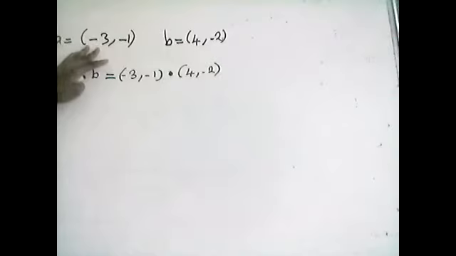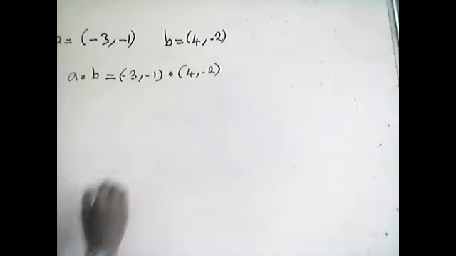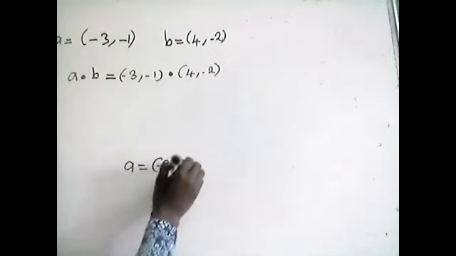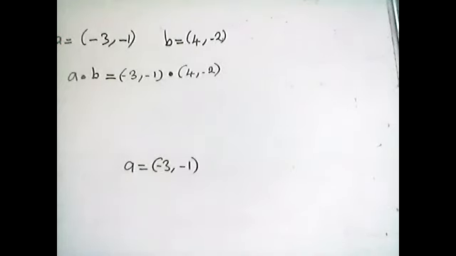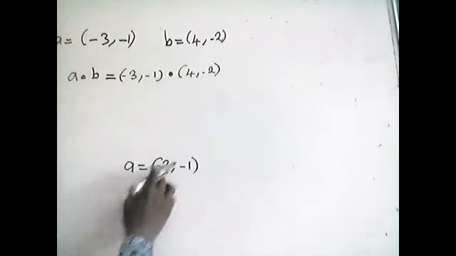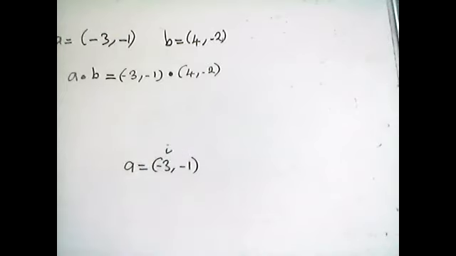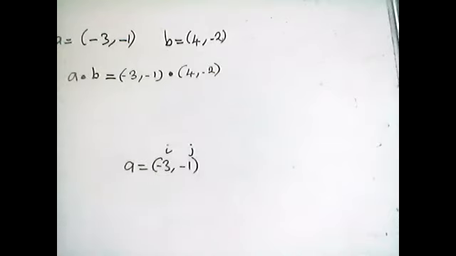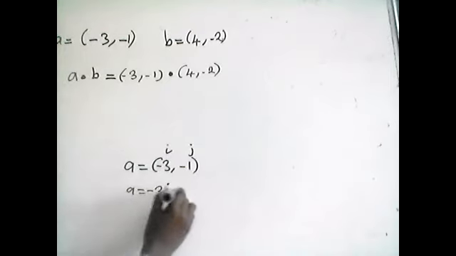Now when you look at this, the way vector A has been represented in coordinate form, you can also rewrite that. So if you have vector A, which is -3, -1, we can let this be the i component and this the j component. So this can be written as A equals -3i minus j.